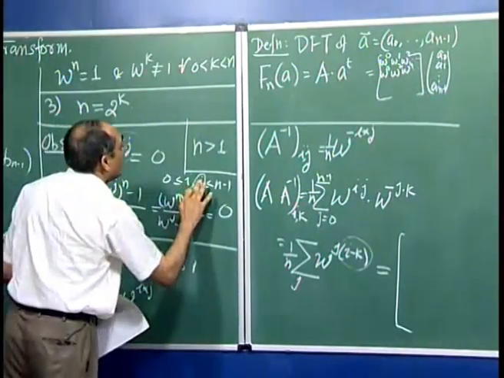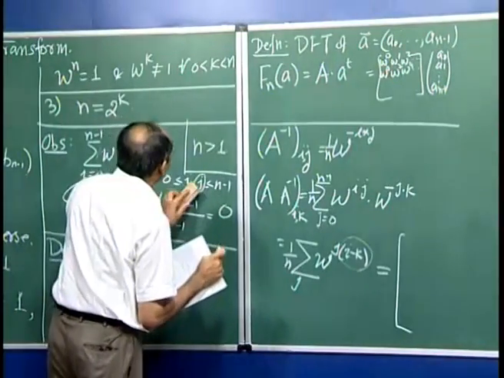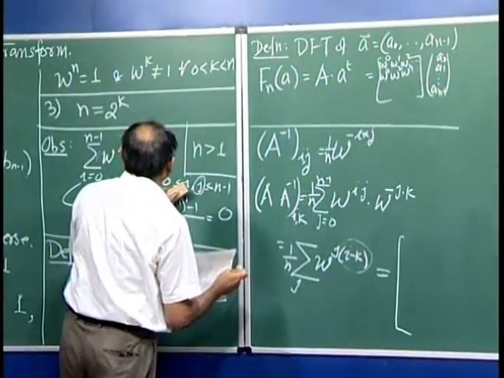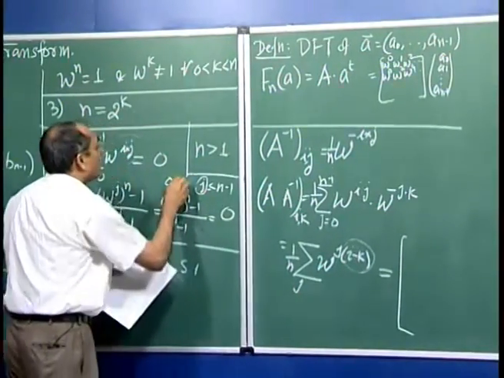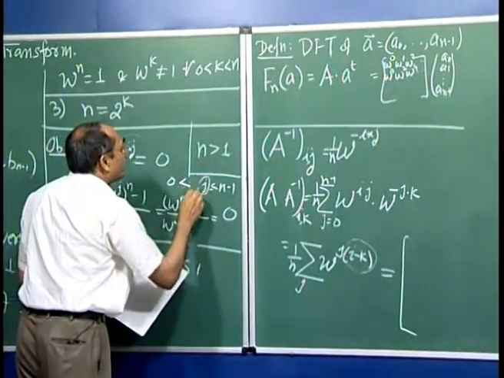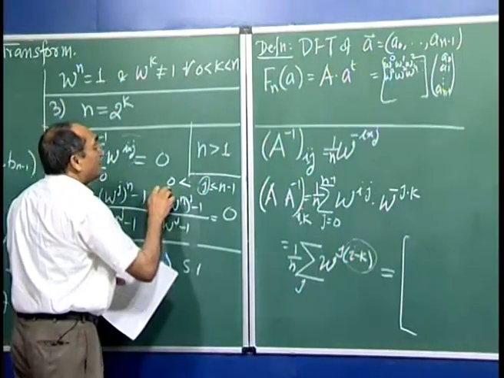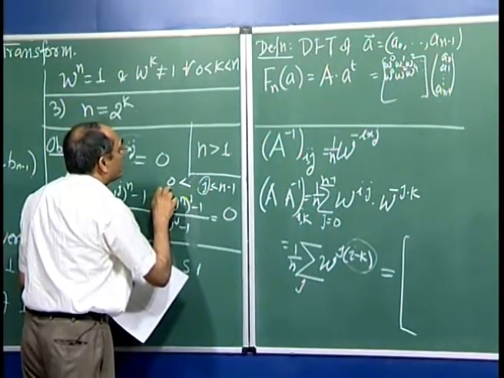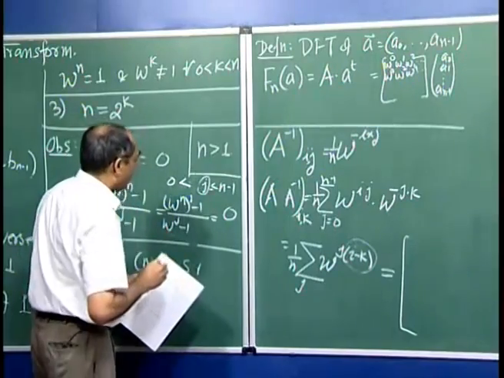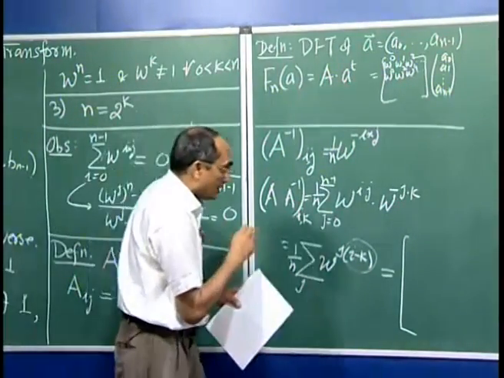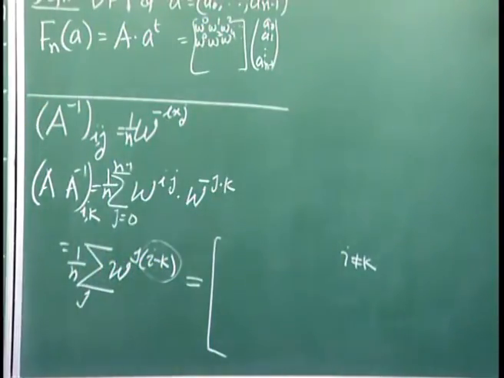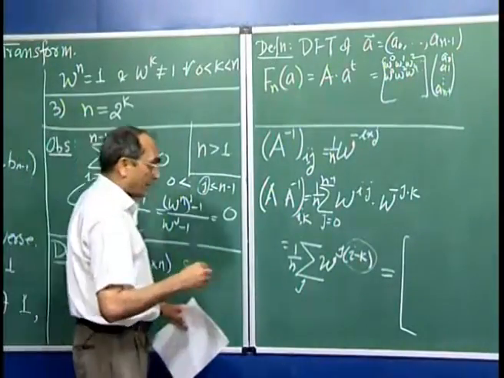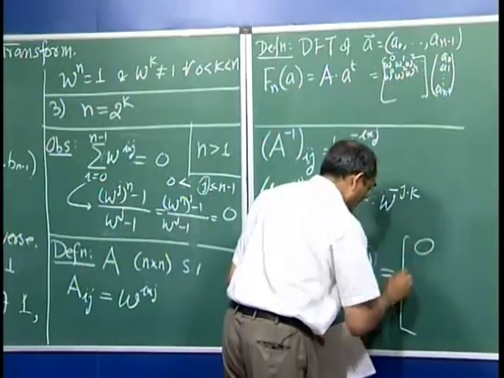So we will have to refrain from that, so our j is between 1 and n minus 1. If this is not 1, this sum is 0. So we get a 0 value.